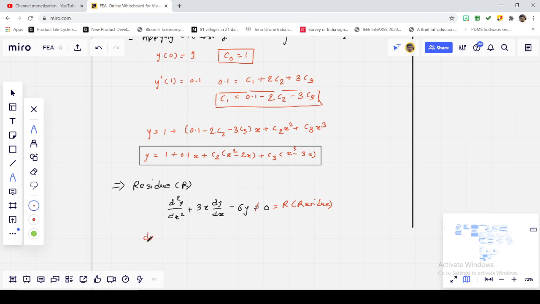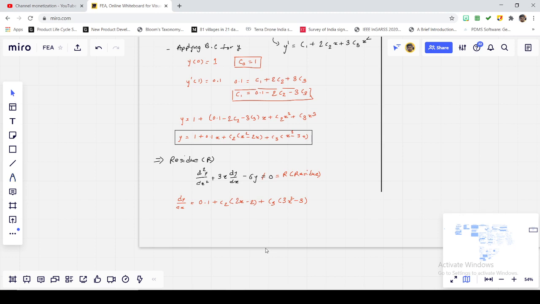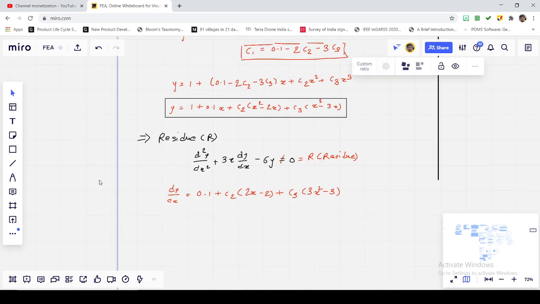Let us find dy by dx, which will be 0.1 plus c2, differentiating with respect to x. The first term will be 0.1, the second term will be c2 into the derivative of this, so that will be 2x minus 2, plus c3 into 3x square minus 3, because it is a cube, the derivative will be 3x square. This will be your dy by dx.